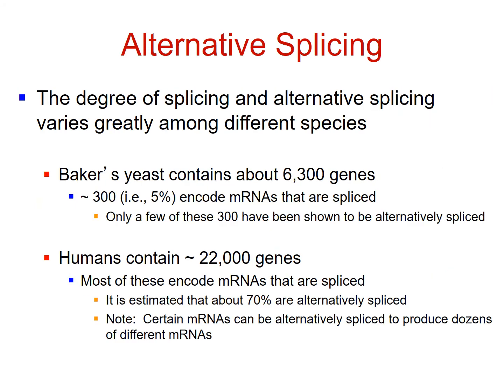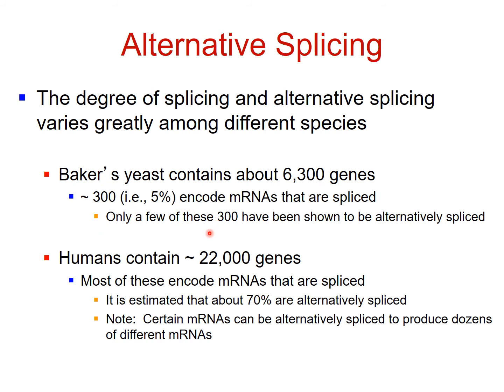Now, the degree of splicing and this alternative splicing varies between different organisms. Yeast, which is a model organism for much of genetics, has about 6,000 genes, and 5% of them encode messenger RNAs that are spliced. And only a few of those are actually alternatively spliced.